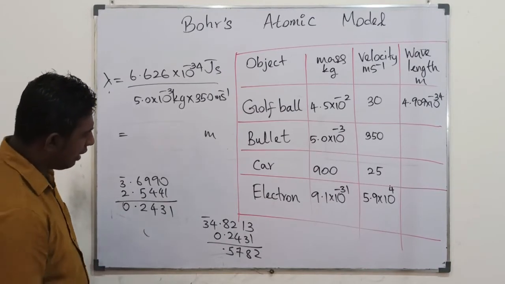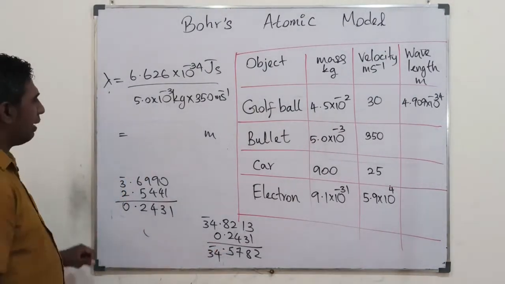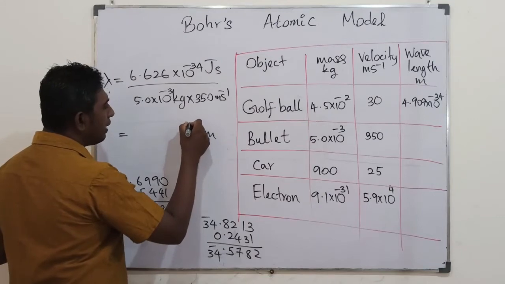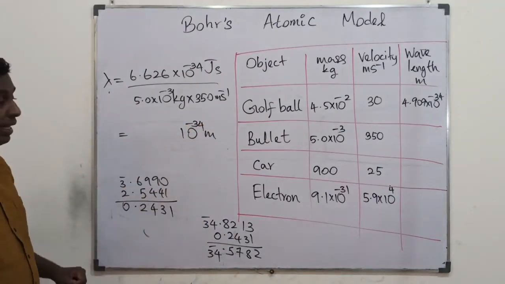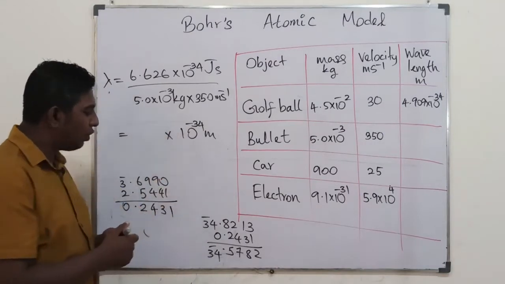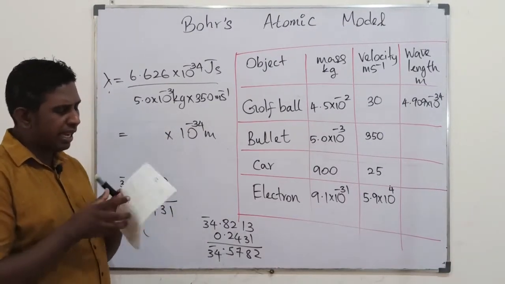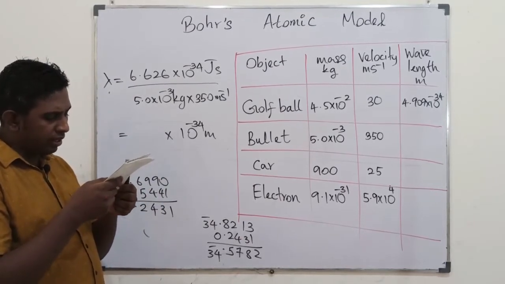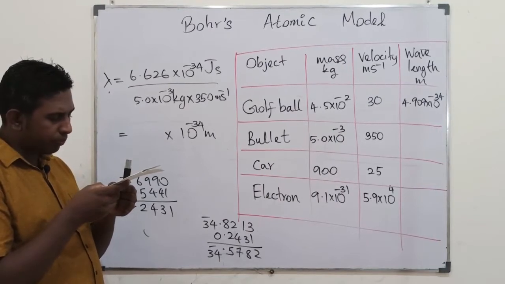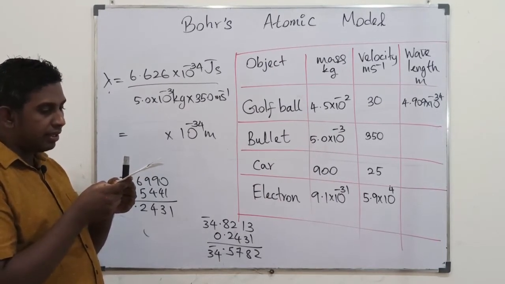So then you have bar 34 there. So it's going to be 10 to the power minus 34. This is going to be raised to the 10th power, and the antilog of that, 5782. So 5782 you have there.